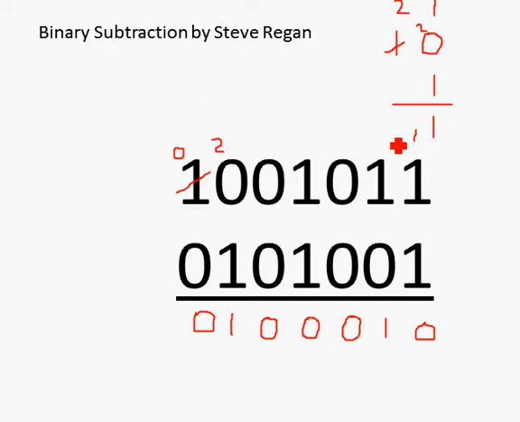So you'd have 1, 2, 4, 8, 16, 32, and 64.